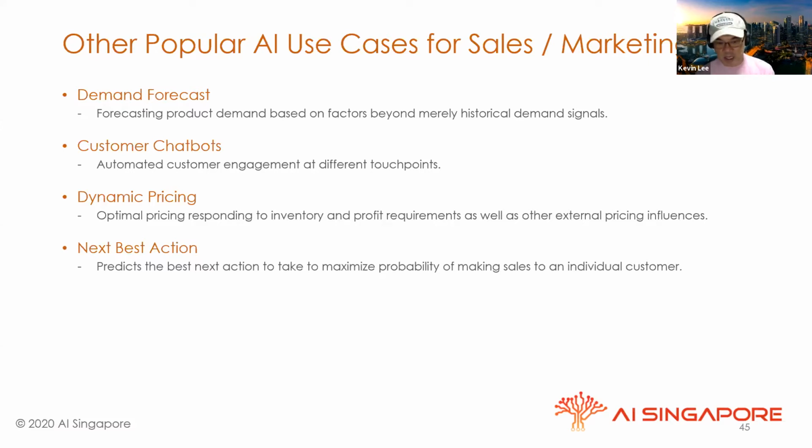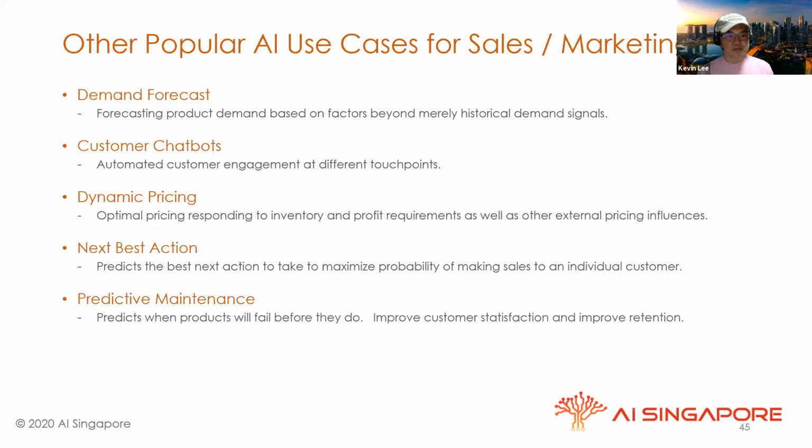And if that person is on this particular path and has made this kind of action, what is the next best action to take in the next step so that it will maximize the probability of converting this particular opportunity to a sale? Just imagine that you are able to increase just 10%, 15% of your conversion rate. That will be a tremendous help to your business.